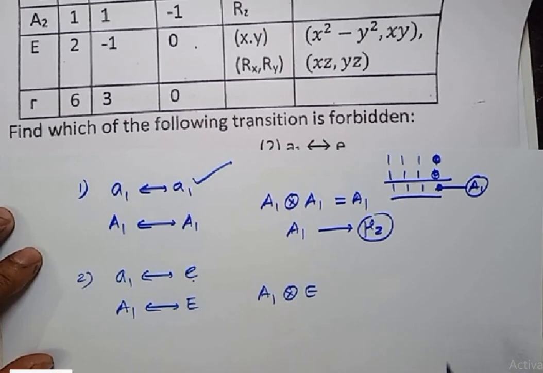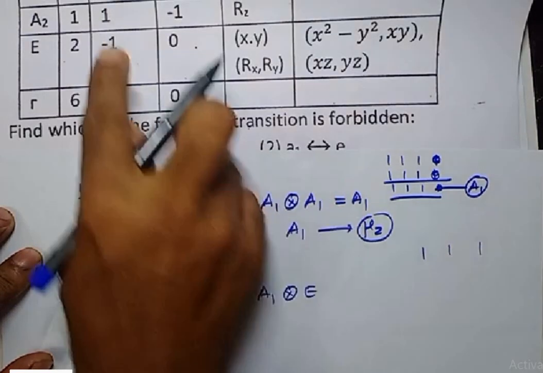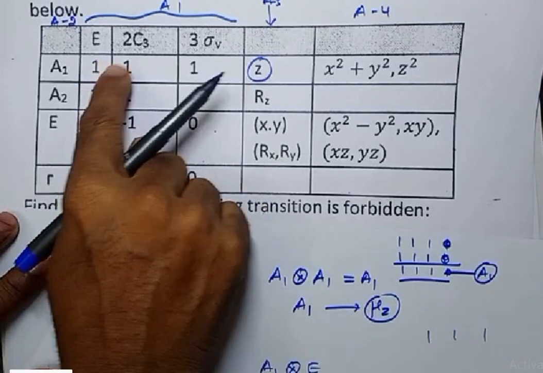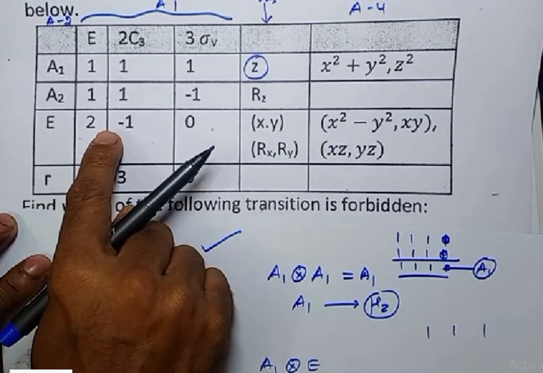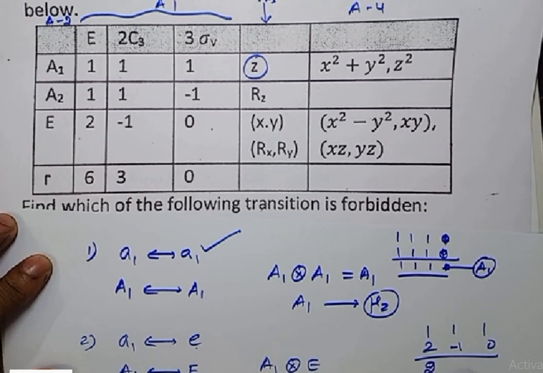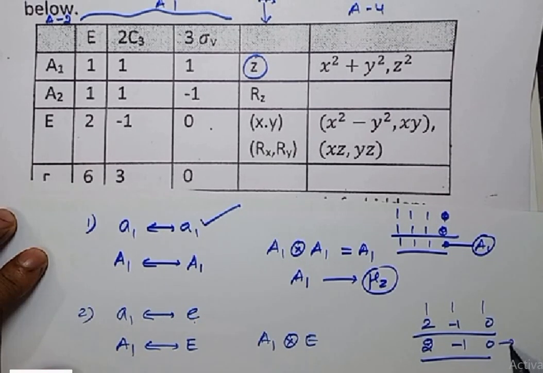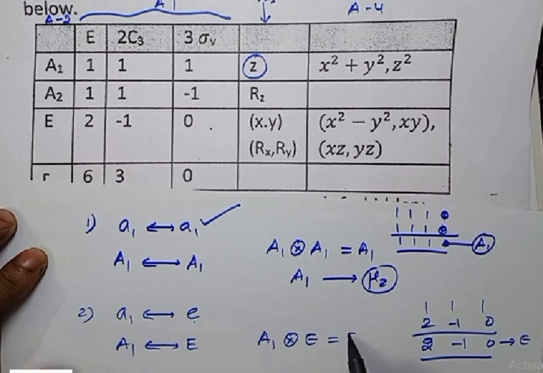Okay. So, what are the characters of A1? 1, 1, 1. See the table. What are the characters of E? 2, minus 1, 0. Just multiply them. 1 into 2, 2, minus 1, 0. 2, minus 1, 0 is the answer, and this corresponds to, again, E irreducible representation.